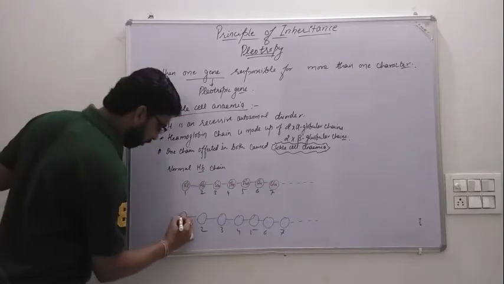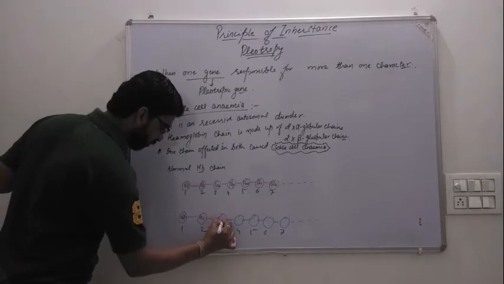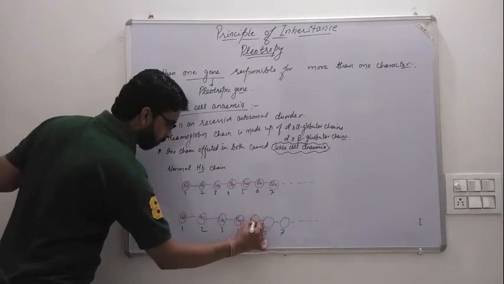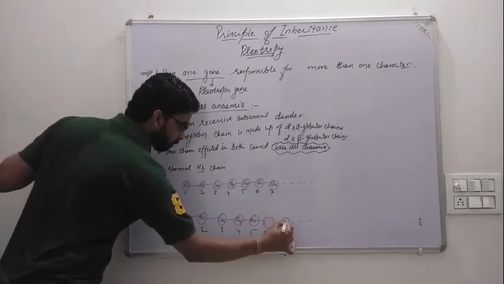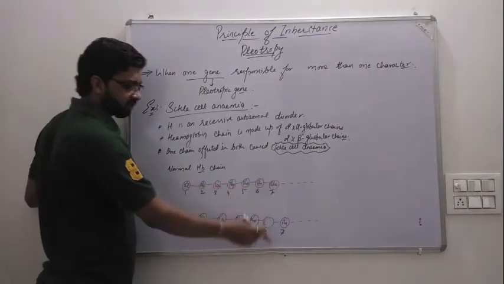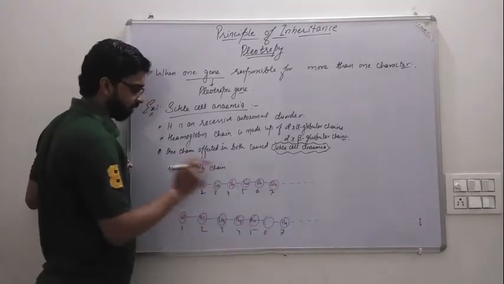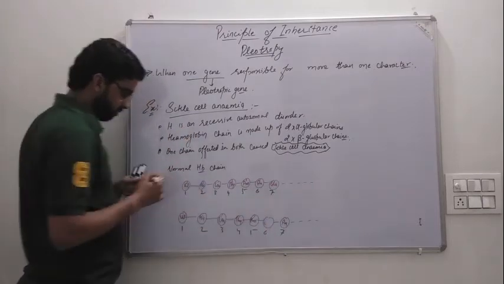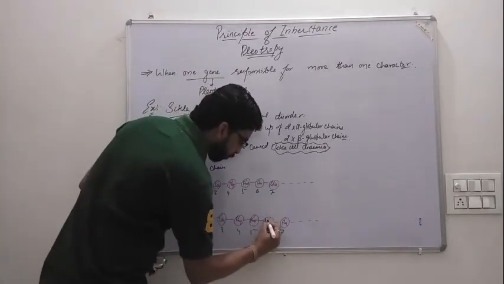All the amino acid groups are similar: valine, histidine, leucine, threonine, proline, glutamic acid. But in place of glutamic acid, on the 6th position of the globular chain, there is a replacement by valine.